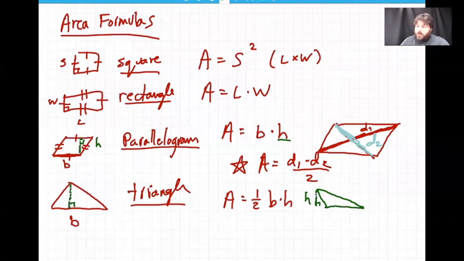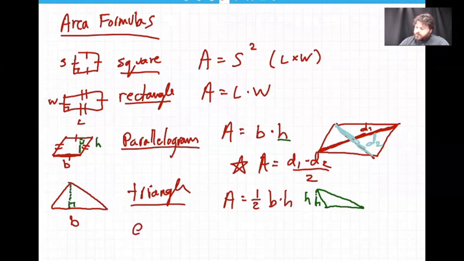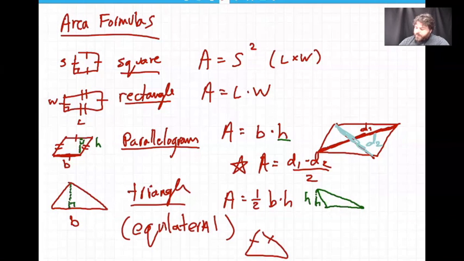Okay, now if this is an equilateral triangle, then there's a special formula, right? If all three sides are the same length, so if it's an equilateral triangle with 60-degree angles, we can say that the area of the equilateral triangle is going to be √3/4 times the side length squared.